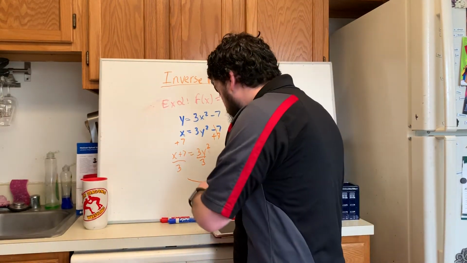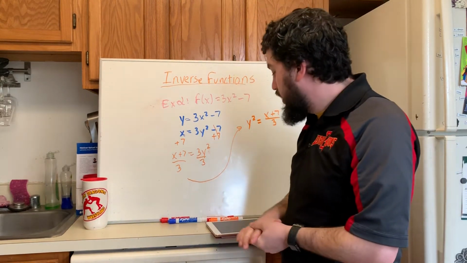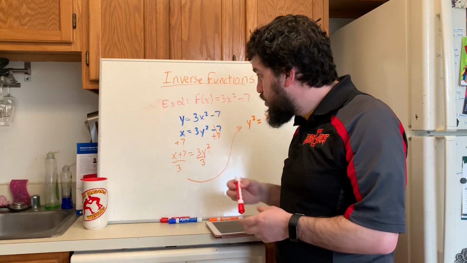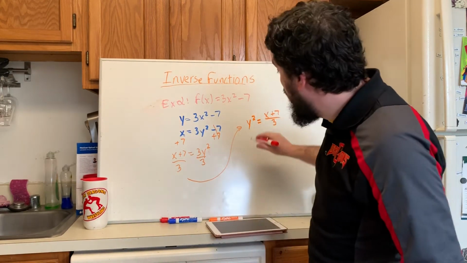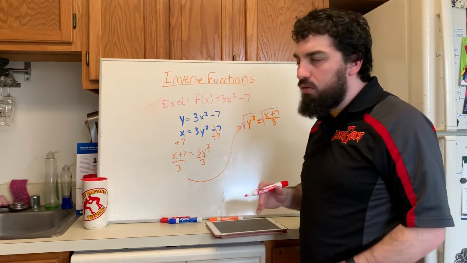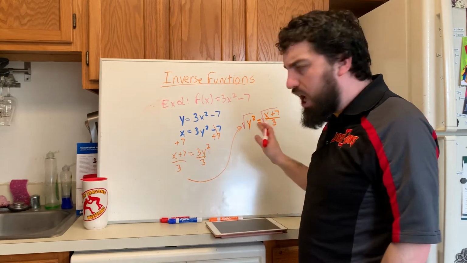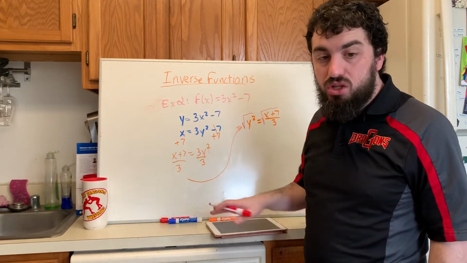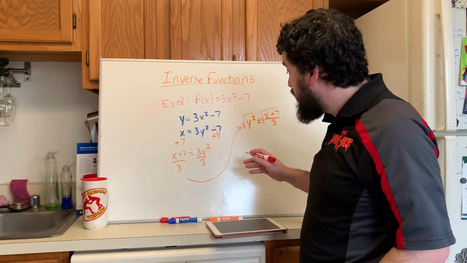Now, how do we undo squaring something? Well, to undo squaring, we want to take the square root of both sides. For visual purposes, I'm going to put a positive square root and a negative square root inside the calculator so we can see that reflection.